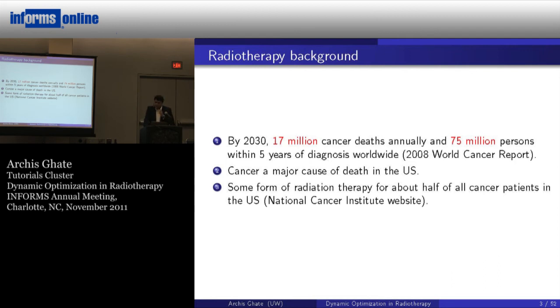And in the US, about half of people who have cancer receive some kind of radiation therapy. As you know, there are different ways in which you can treat cancer, for example chemotherapy, surgery, radiation therapy. About half of them receive some form of radiation therapy. All of this you can read on the National Cancer Institute website.